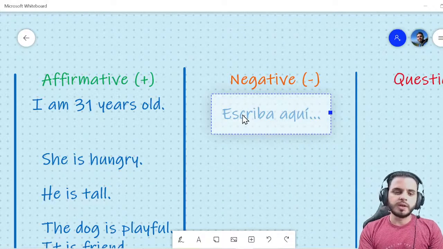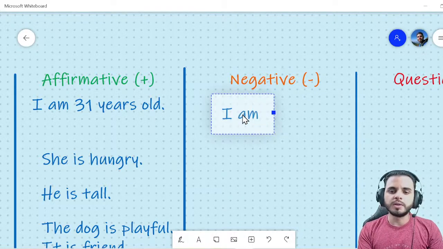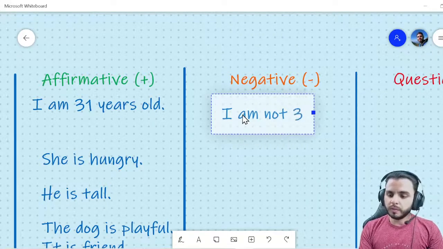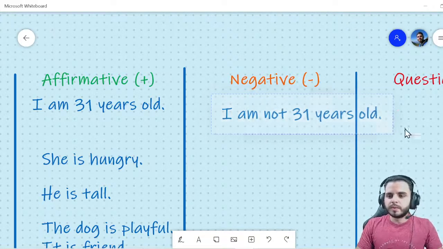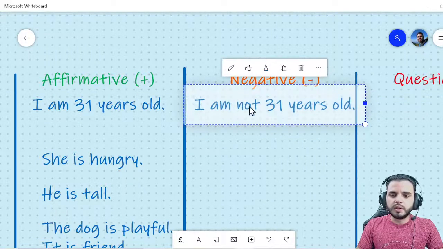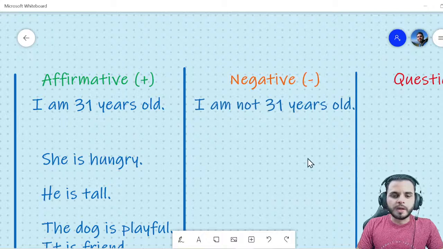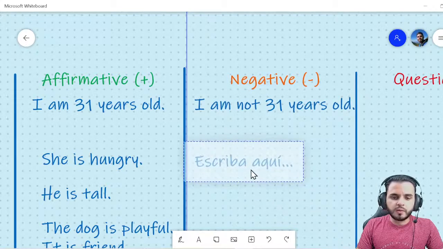I'm going to say I, then I include the am, right? But here I'm going to use not. So I'm not 31 years old. As simple as that. I just have to include not here, and I already have my sentence in a negative way.